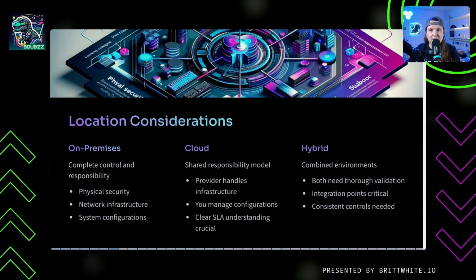Third, ensure security controls work consistently across your entire infrastructure. Remember that your testing approach must also align with privacy requirements, such as data residency and sovereignty rules. Where your systems live determines not just what you test, but how you test it.